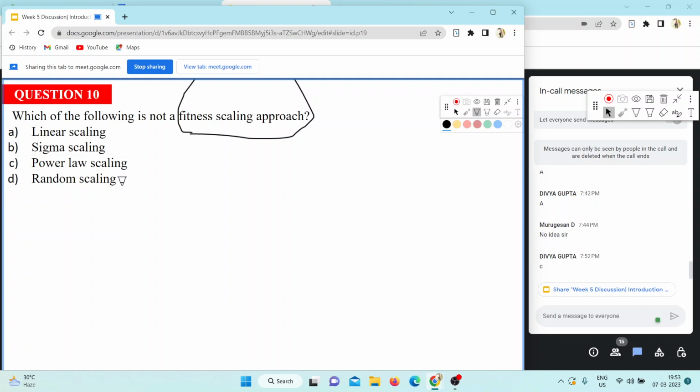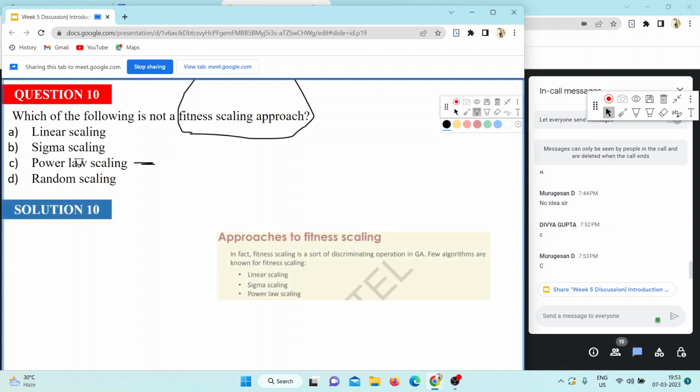Okay, Divya is saying C. Murugesh is also saying C. Any other? Okay, so actually power law scaling is also a fitness scaling scheme.